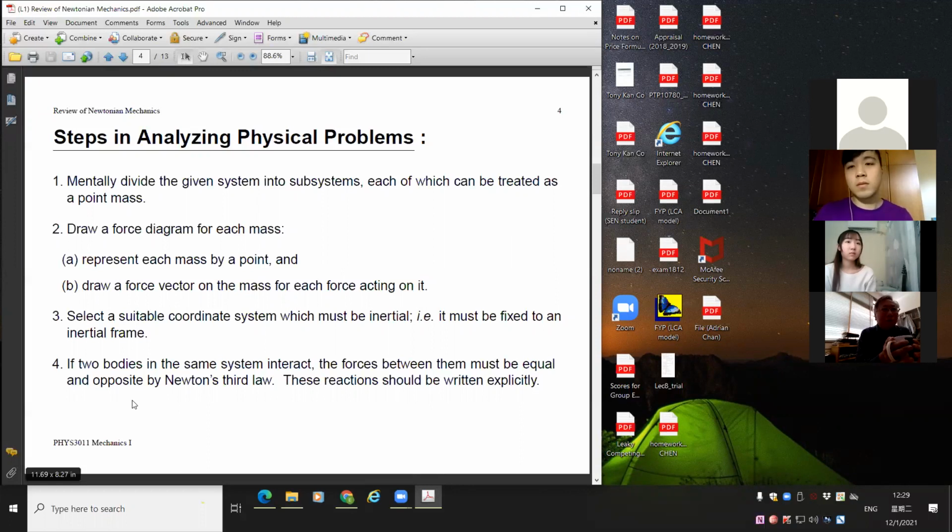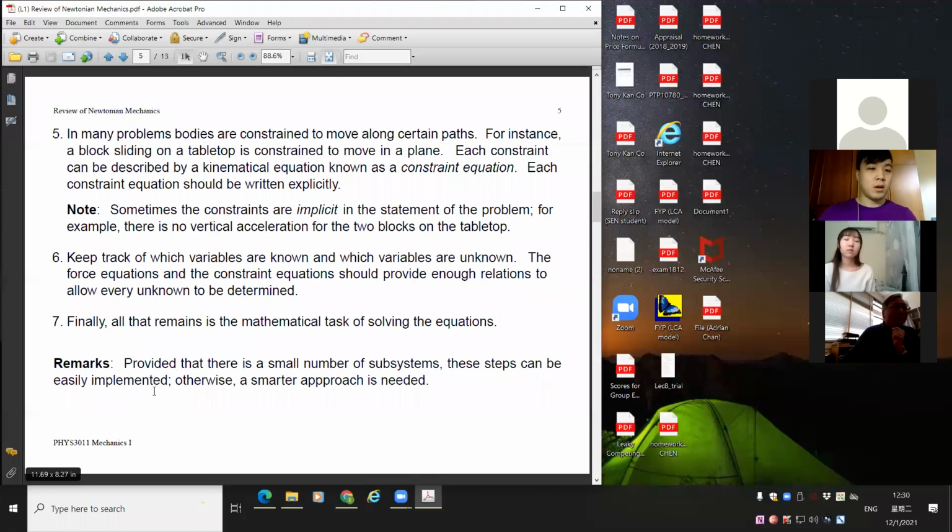So we have to put these two forces explicitly on your force diagrams, so that you can have a correct analysis.